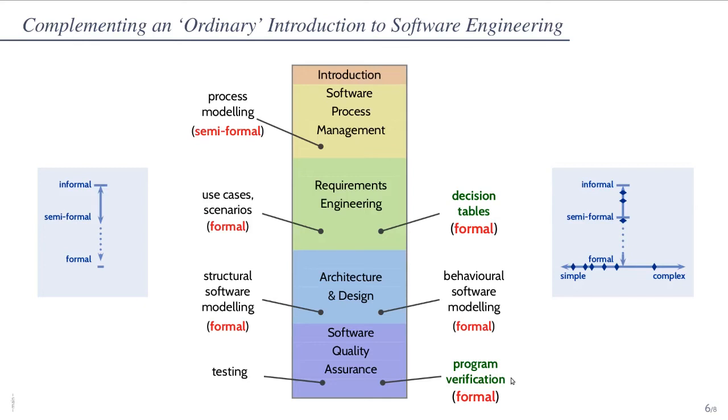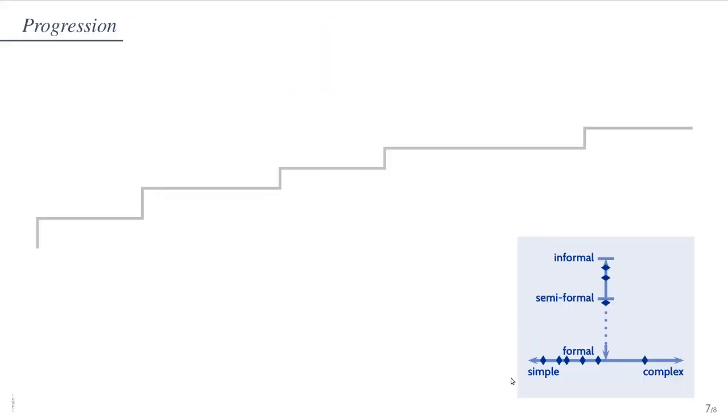Still, time is tight, so how do we now teach this material without overstraining our students? And here we propose a particular progression. So the line here is supposed to represent a staircase of levels towards a good overview over formal methods in software engineering.